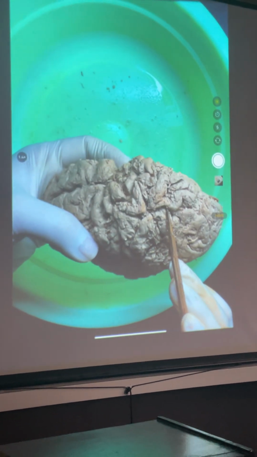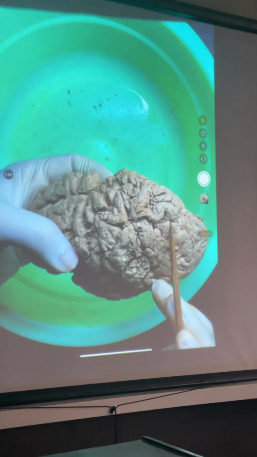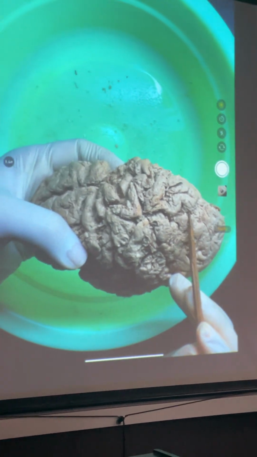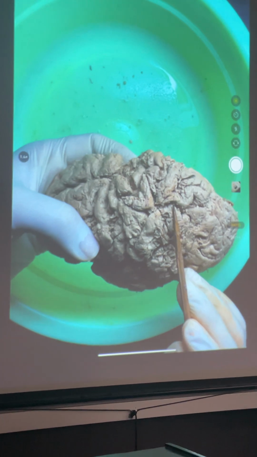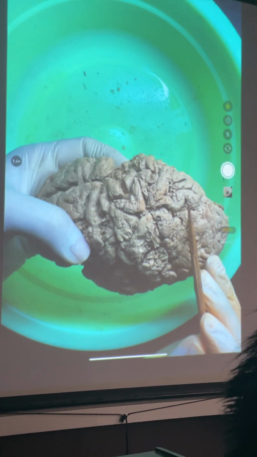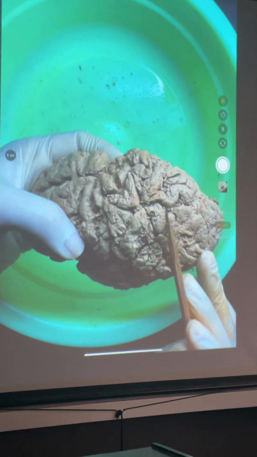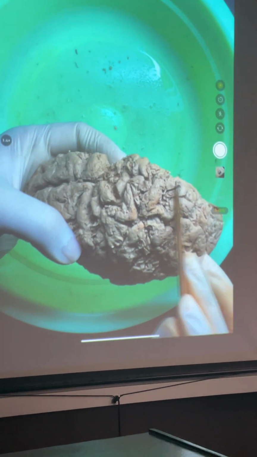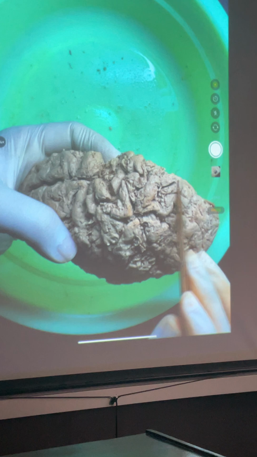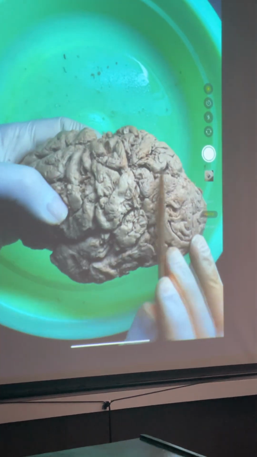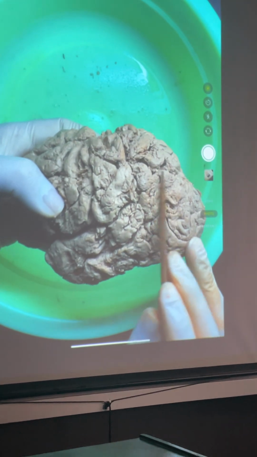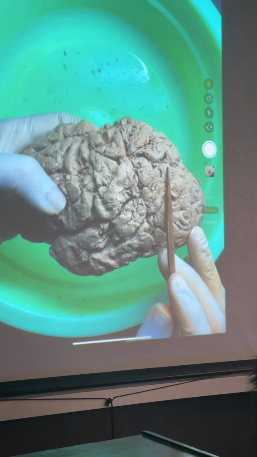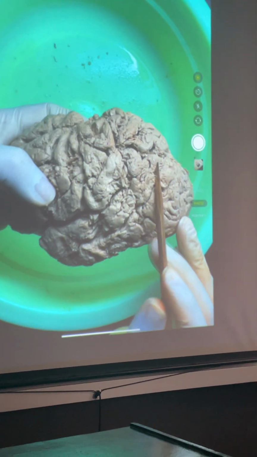So this is that sulcus, and this is known as the intraparietal sulcus. If it's above the intraparietal sulcus, it's called the superior parietal gyrus. And if it's below it, it's the inferior parietal gyrus. Easy?